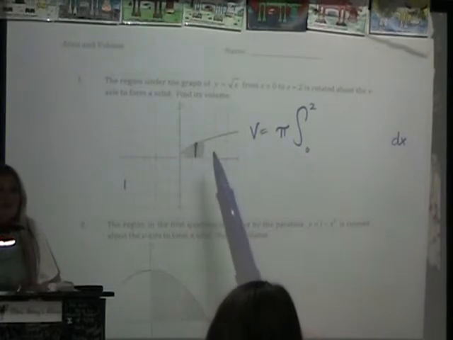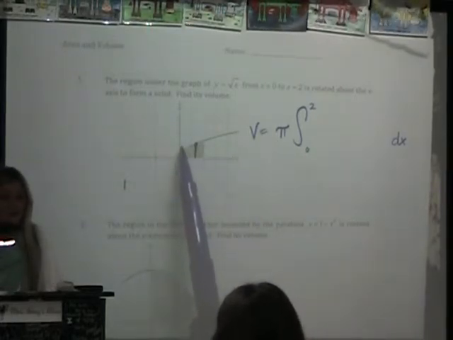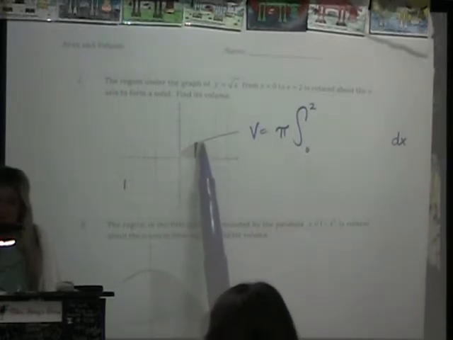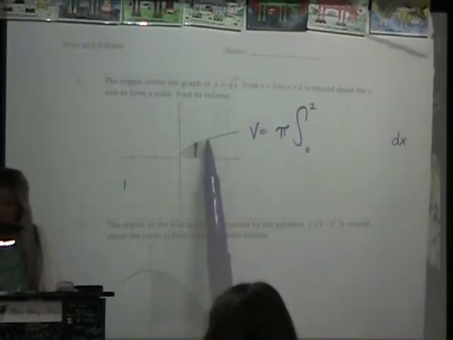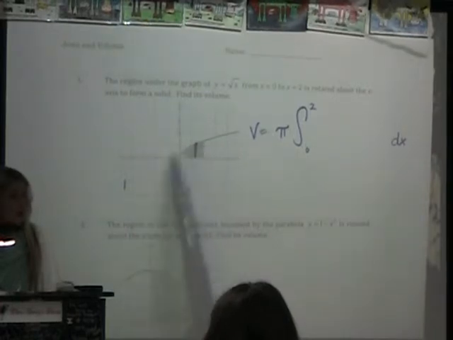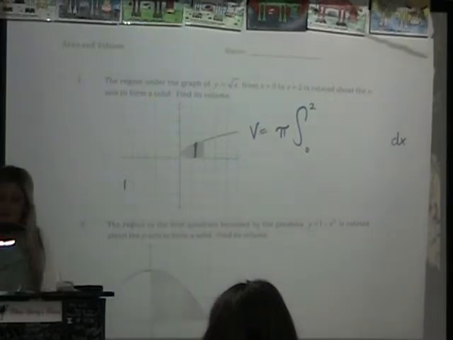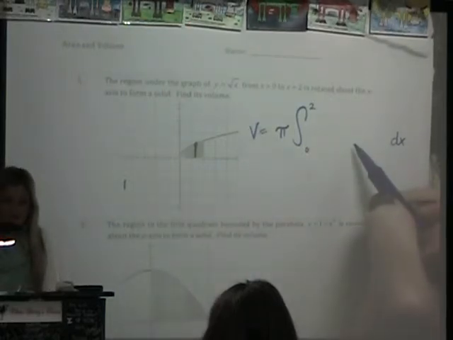Where you pick your slice, I guess. Because I can pick my slice down here. The radius is going to be the y value of that slice. If I pick it here, it's still going to be the y value. It's going to be a bigger y value. If I pick it over here, it's going to be a bigger y value. But no matter where I pick the slice, it's going to be a y value. So I'm going to say y squared.